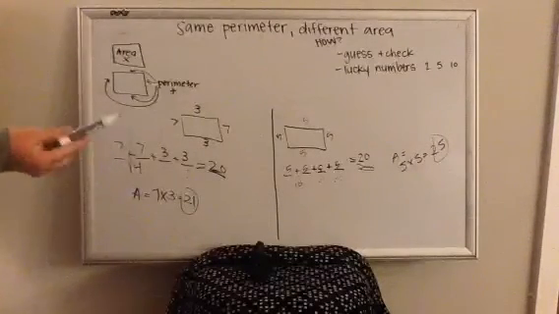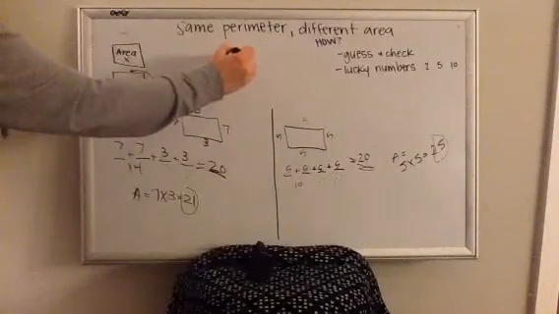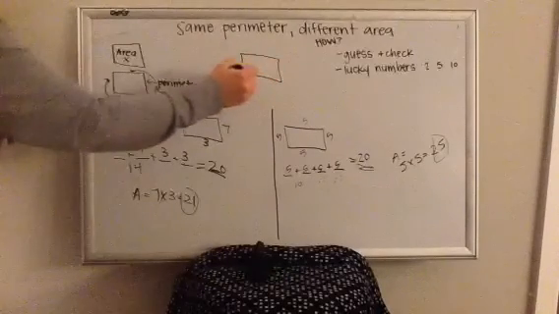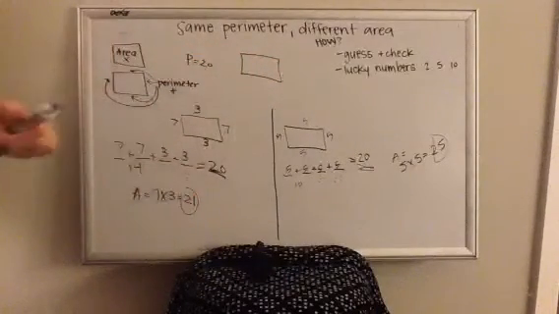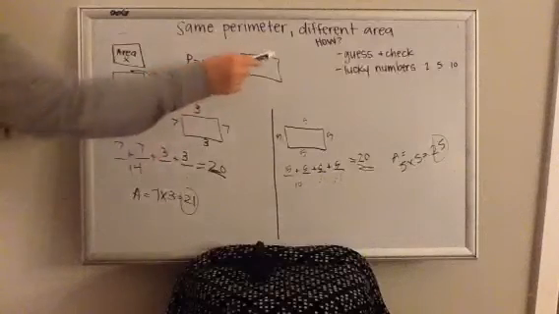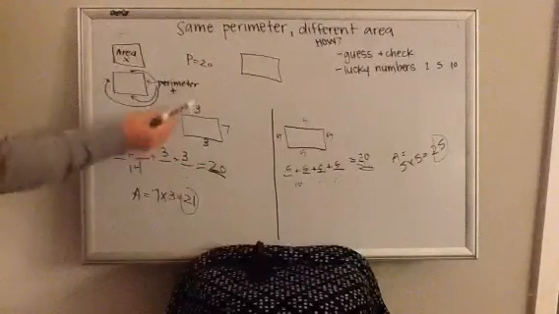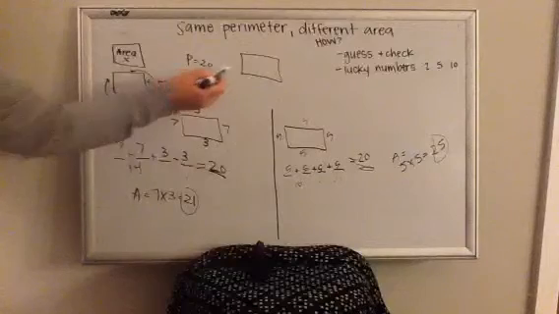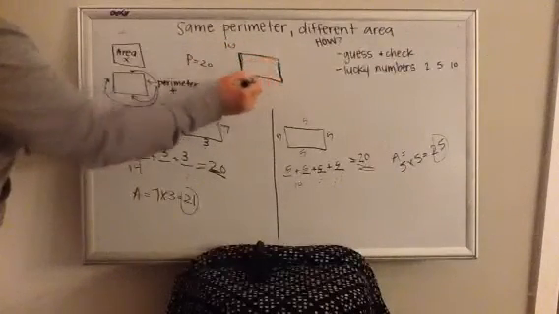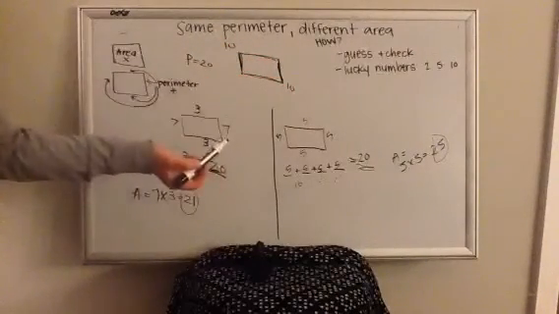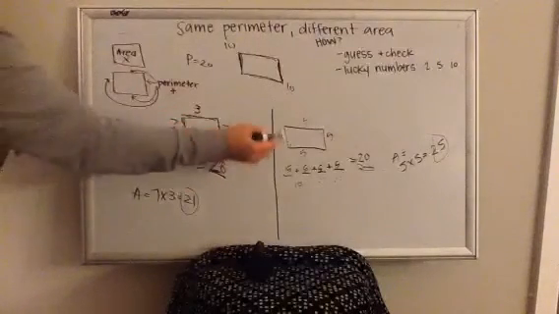Something else you might want to look at is, let's say that I could do a third one here. So let's say the perimeter needs to be 20. Well, some of you might have started to notice that we're using two sets of numbers, 7 and 3 and a 7 and a 3. So you might say, well, let me make this equal 10 and this equal 10, because this here equaled 10 and this here equaled 10, and same for these.